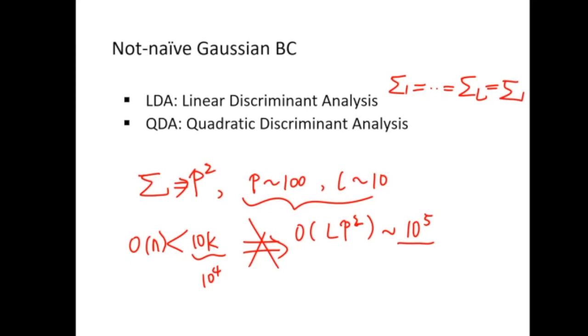The whole thing is that you assume sigma is the same across different classes. How do you reduce the parameters if you do that? This is called the LDA trick.